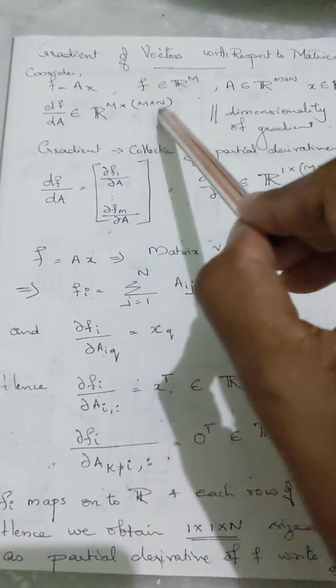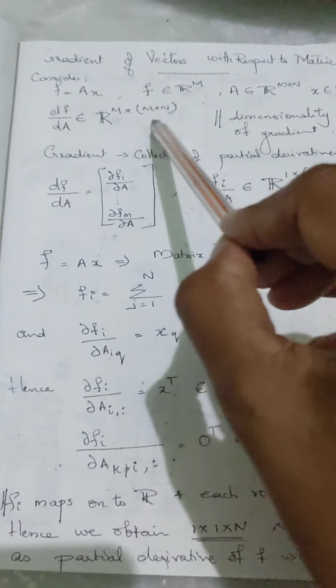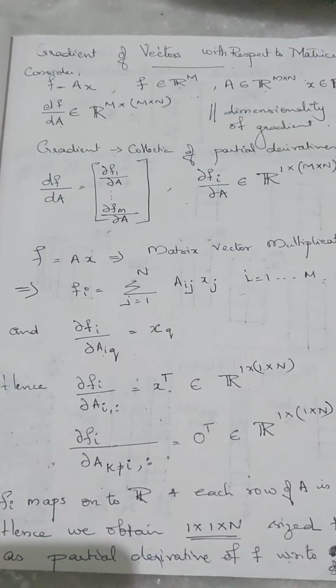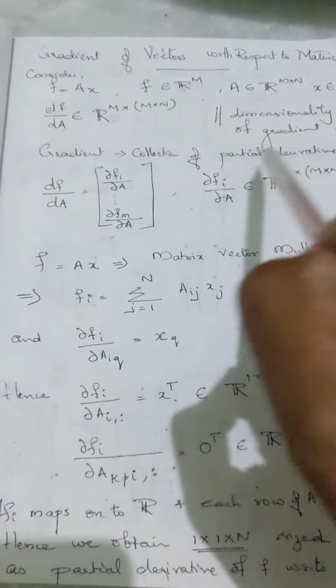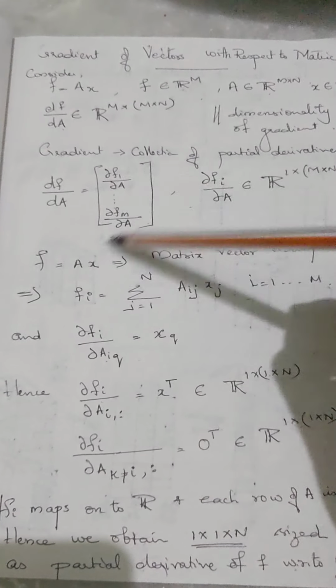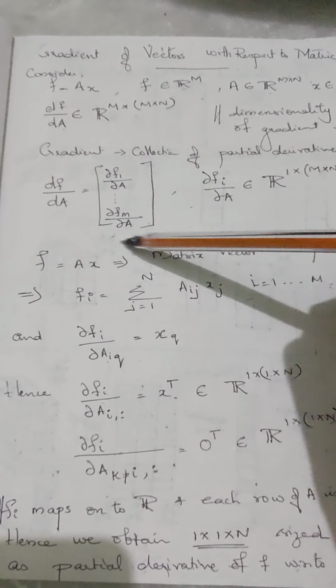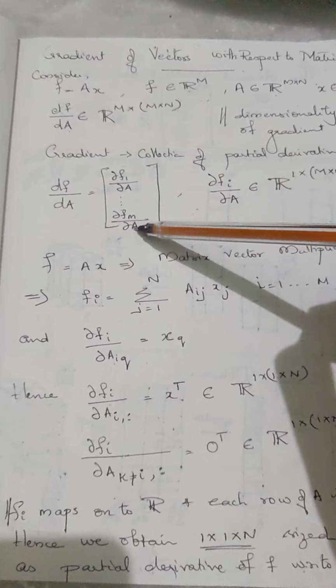So it is an m by n matrix, and the numerator and denominator dimensions are based on that. The gradient will be collecting the partial derivative of each function with respect to A.